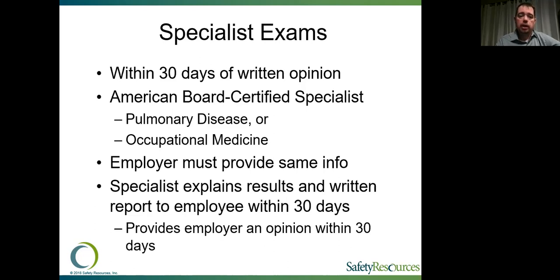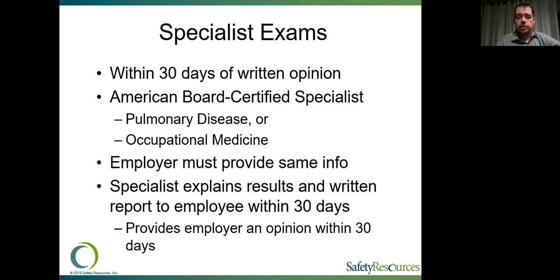If they were determined to need to go see a specialist, that needs to be within 30 days of that written opinion, and the specialist should be somebody that is American board certified for either pulmonary disease or occupational medicine. Again, the employer would need to provide specific information to the specialist as long as it's within their control.